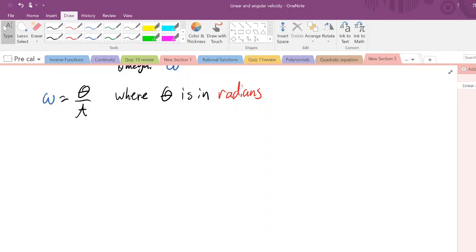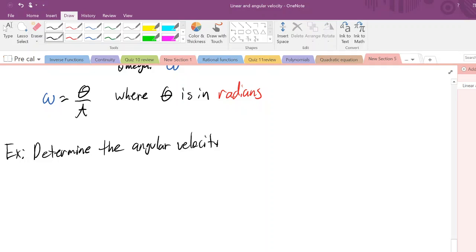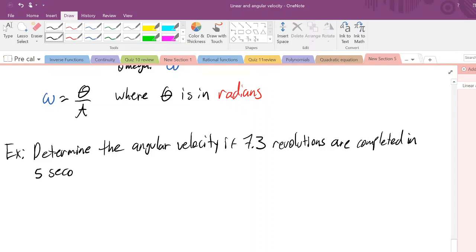So, for example, determine the angular velocity if 7.3 revolutions are completed in 5 seconds.